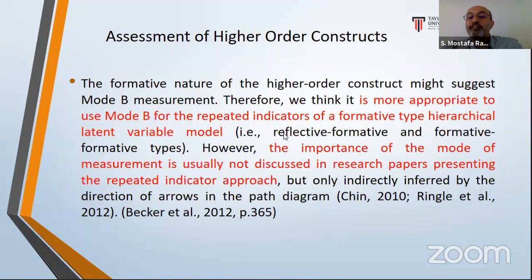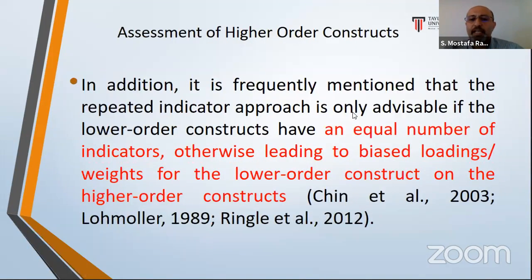It means for reflective formative and formative, it is better to use mode B if we want to apply repeated indicator. This is one of the suggestions of Becker's paper for second order constructs using repeated indicator.